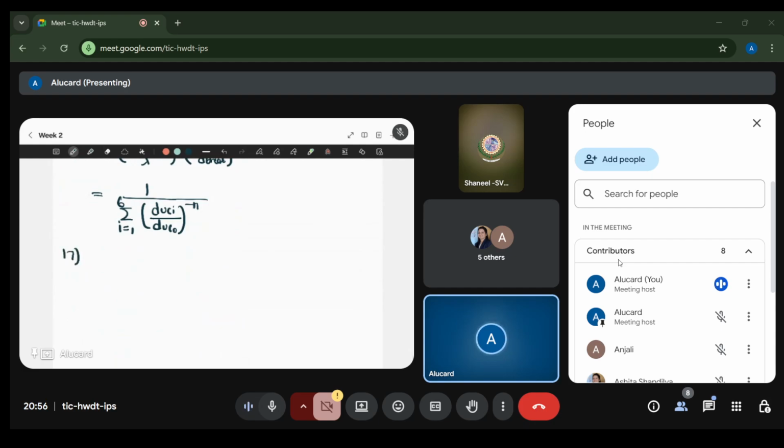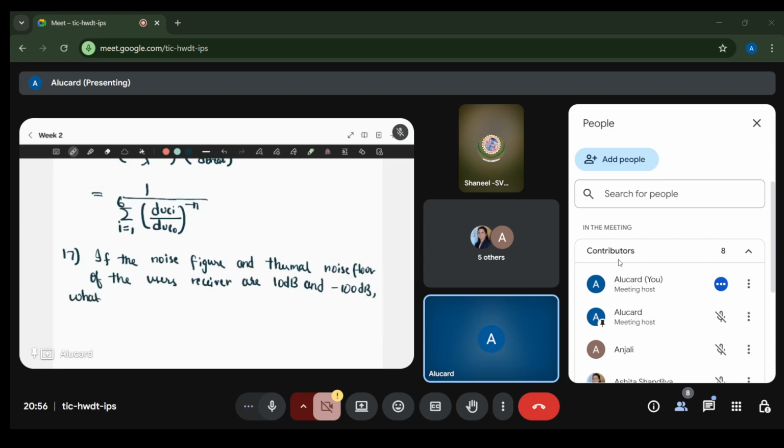Question 70 says if the noise figure and thermal noise floor of the user's receiver are 10 dB and minus 100 dBm, what is the SINR for the scenario in question 16?